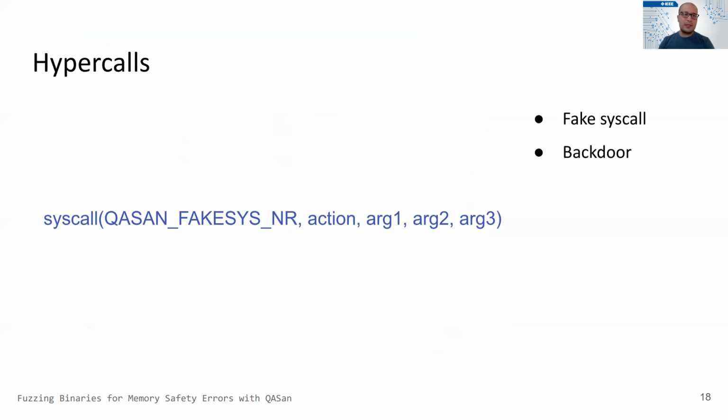All of these components communicate, breaking the boundary between the guest and the host, using hypercalls. There are two types of hypercalls. One is the slow one, which is the fake syscall. Basically, we introduce a new syscall in which you can specify an action, and this has to walk through different dispatchers, the syscall dispatcher and the QASan dispatcher of actions.